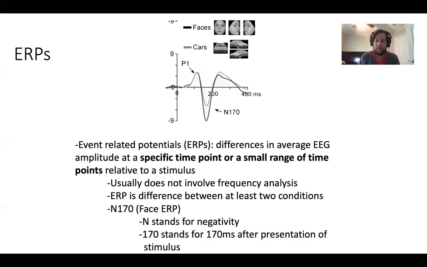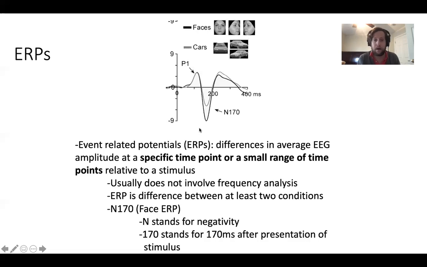I mentioned there are a couple important differences for event-related potentials. I believe you actually answered some questions about that for the in-class assignment last time. One of the primary differences is that there is no frequency analysis in event-related potentials. So this right here is an ERP. It's just the average raw electrical activity at an electrode occurring in response to one of these two types of things, but no Fourier analysis.